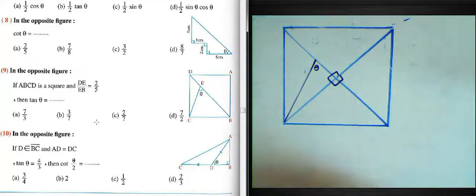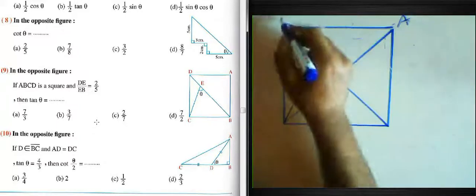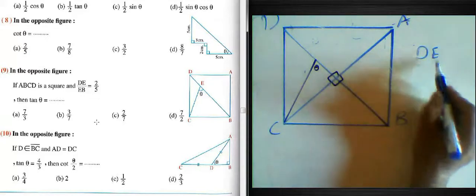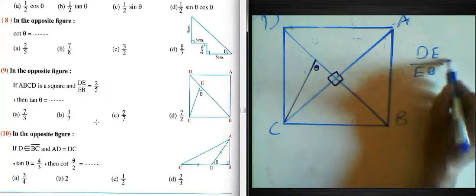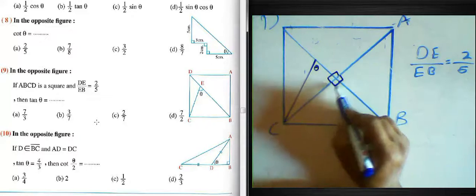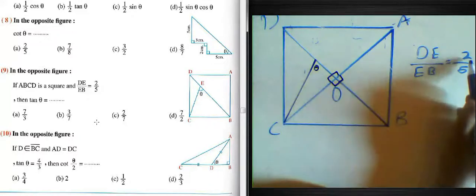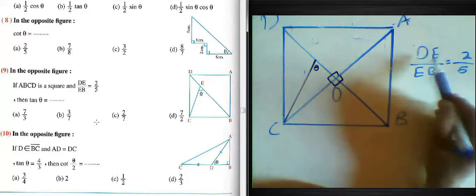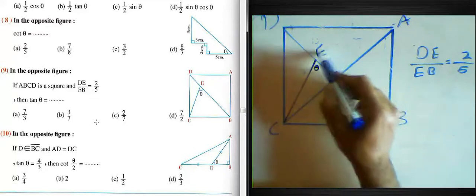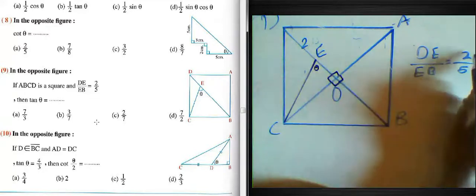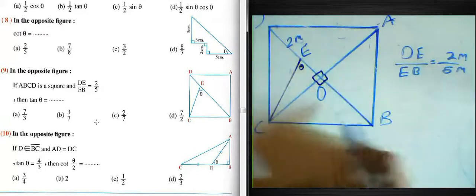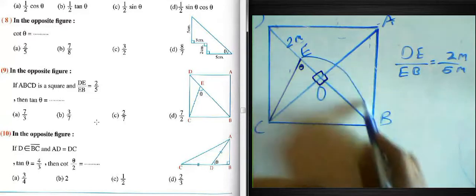And he gives us DE over EB equal to 2 over 5. We will put here O. DE was 2, we will write 2M, and EB was 5M.